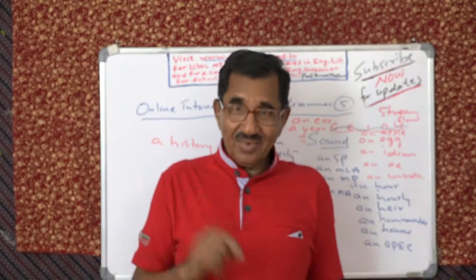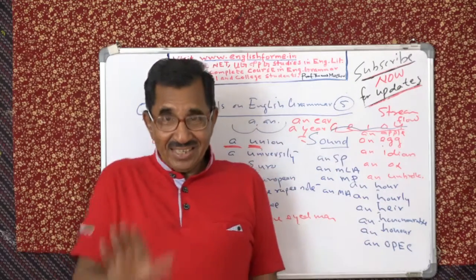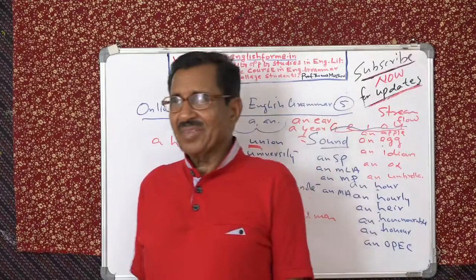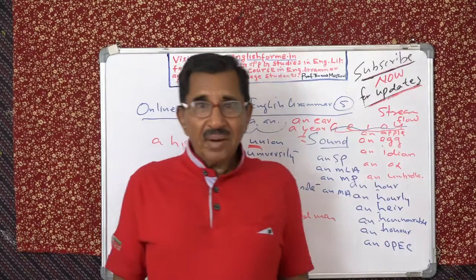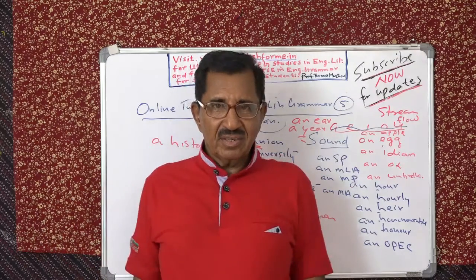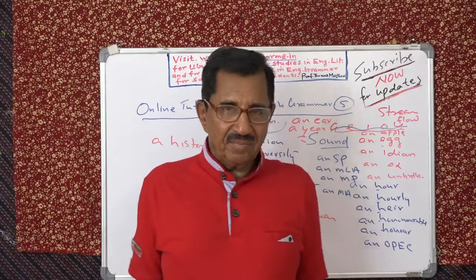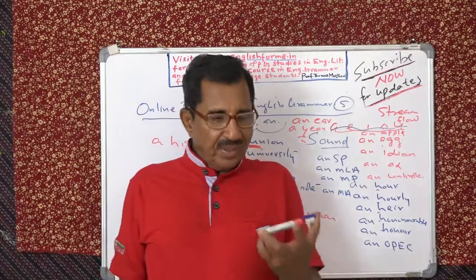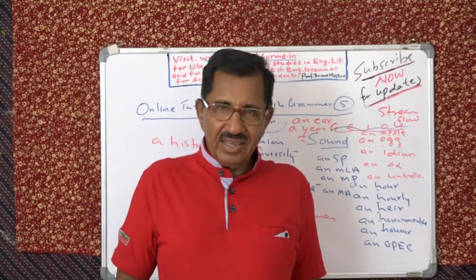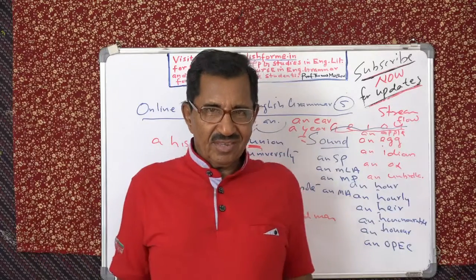A glass, not water, a glass of water. Water has no A there because it is non-count. I want a bulb, any bulb. I want a torch, any torch. I want to play a game, any game. I want a pen, any pen. So that is the meaning. Not specific, any. General.